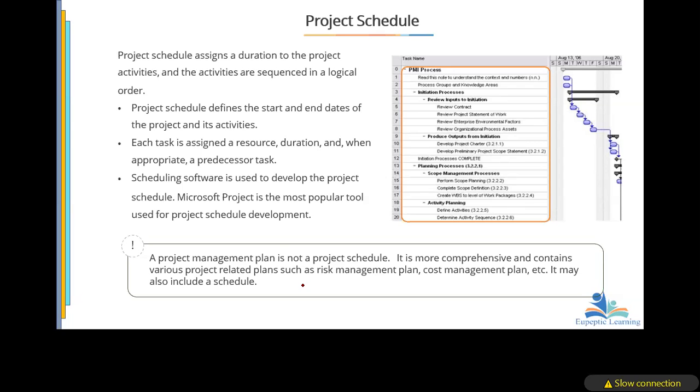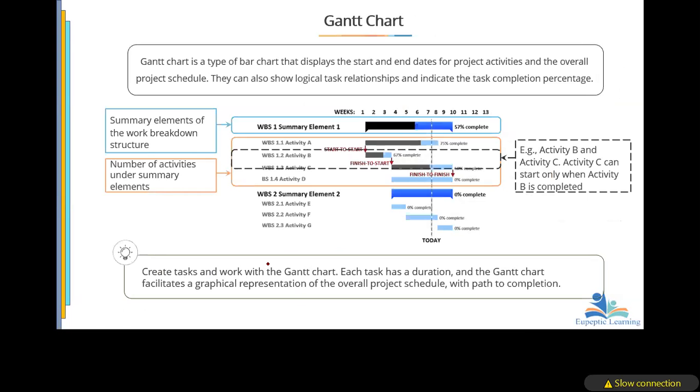And then the answers will be there. It may also include a schedule. So if the project schedule or the schedule baseline is not available, then the best answer will be the project management plan. I hope you get the point here. So the answer you choose always depends on what has been given.